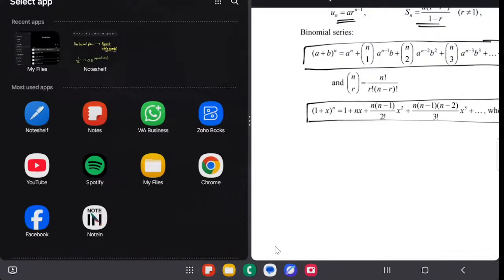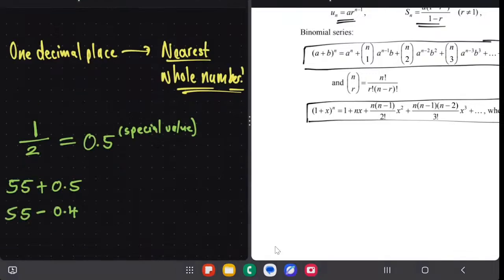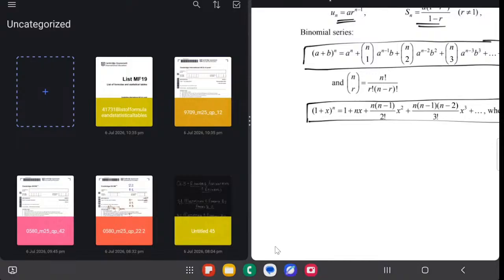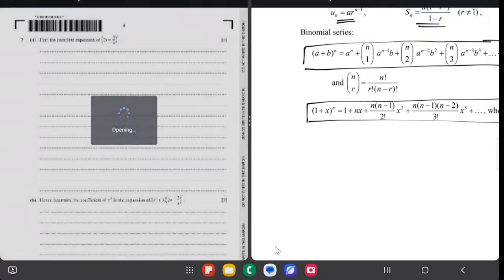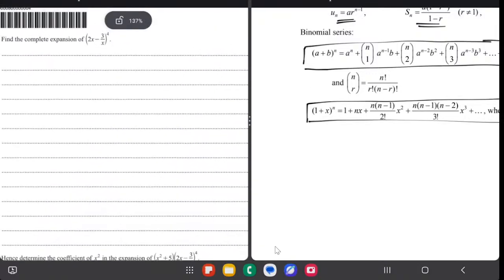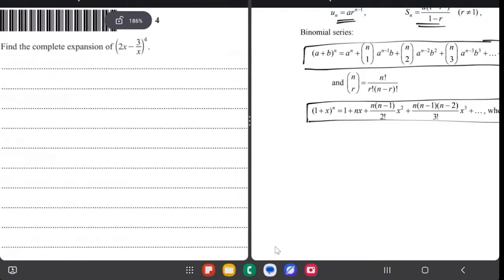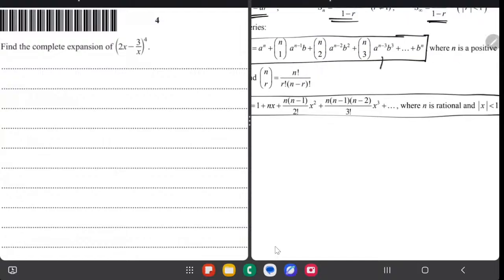Then, right next to it, I open again the past paper. So, you'll be having it. Now, here they want you to just do the complete expansion of this. So, this one is easy, right? Because you're going to get up to when you have the power being 4. Okay?